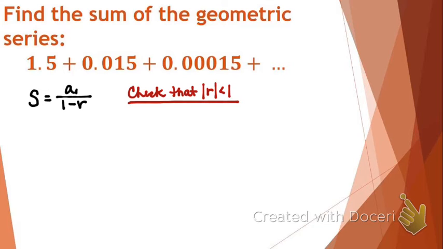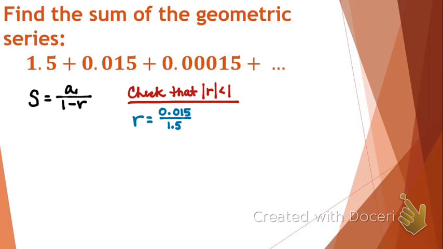What's r? 0.01. How did you find that? You're absolutely correct. Second term divided by the first term. So 0.015 divided by 1.5.